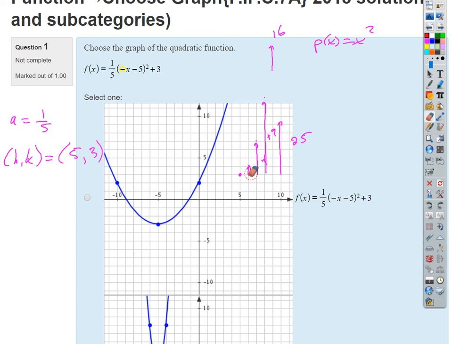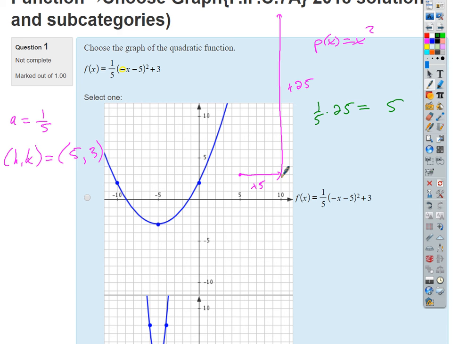Okay, so I need to get rid of all the others. Instead of going over by 1, 2, 3, 4, 5, and going all the way up by 25, we're going to go up by A, which is 1/5 times 25, and what's that? 5.